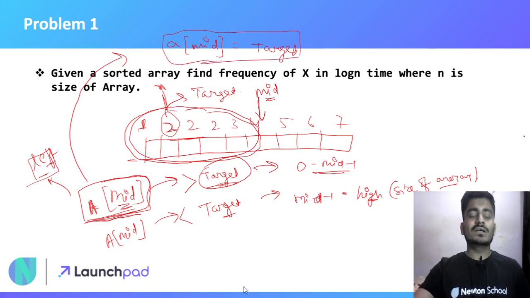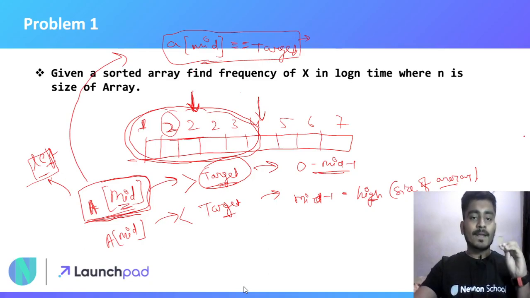Now this is the specific case and we need to focus on it. When a of mid is equal to target, let's say this is your mid right now and it is equal to target. Now you don't know whether you have to go left or right.